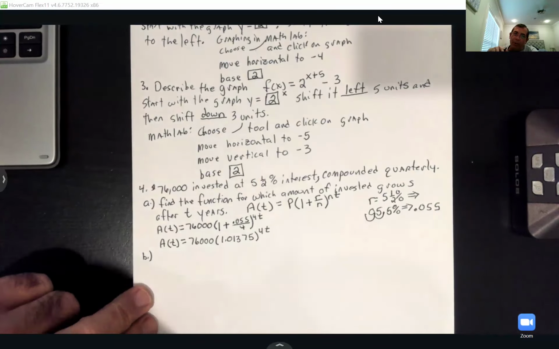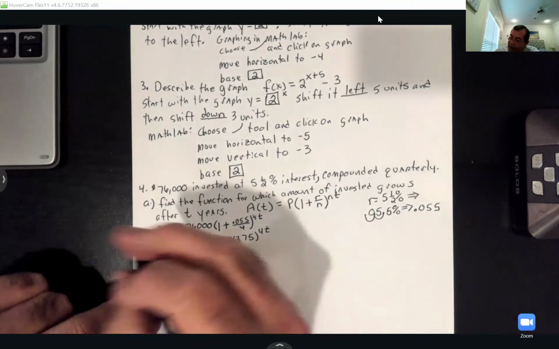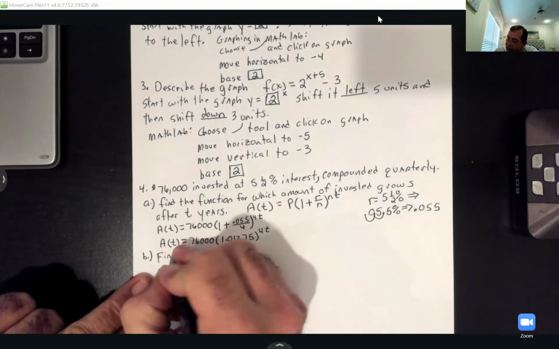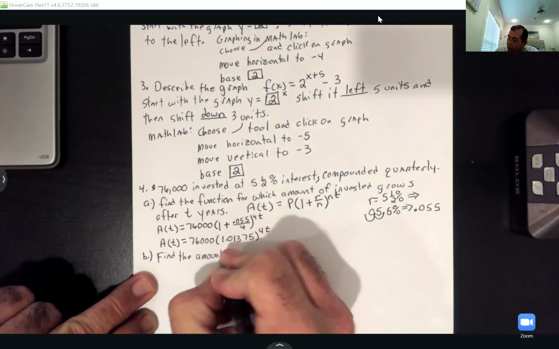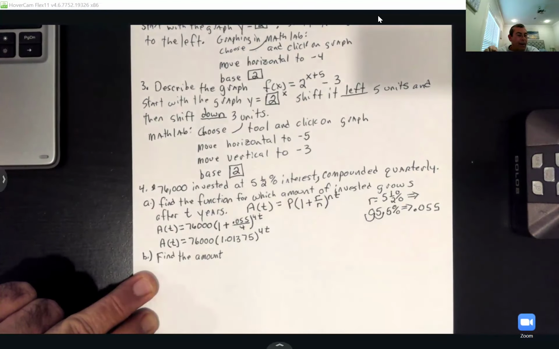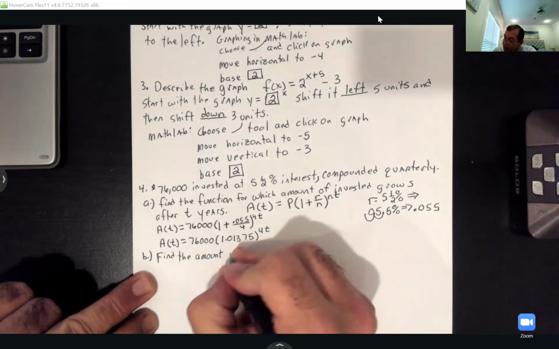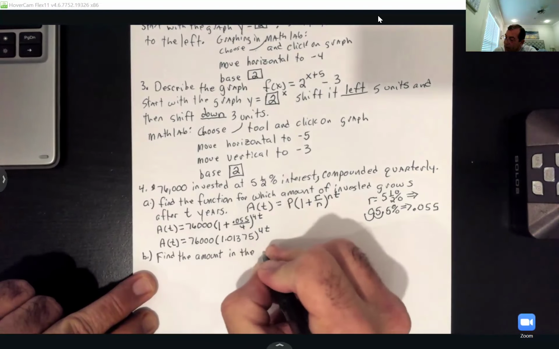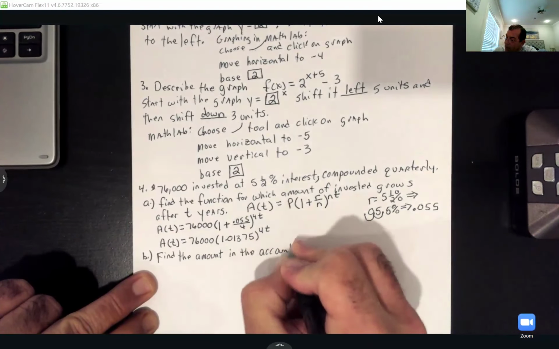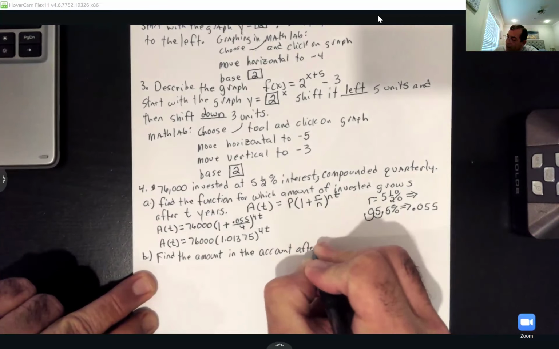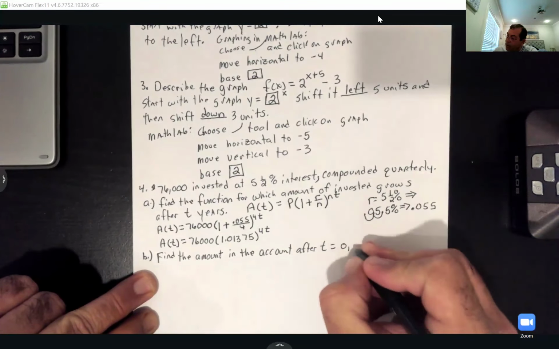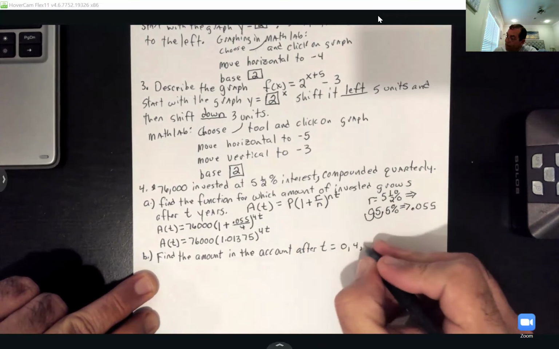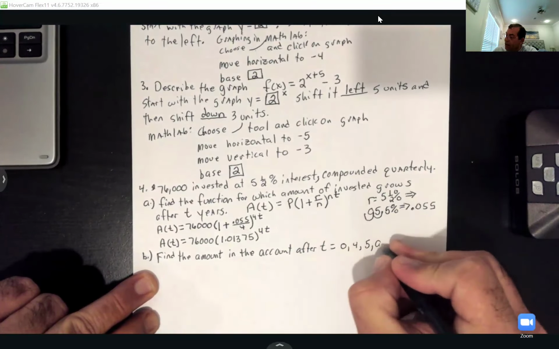Now B, I'm probably going to use the calculator on because it wants me to find the amount in the account after t equals 0, 4, 5, and 10 years.